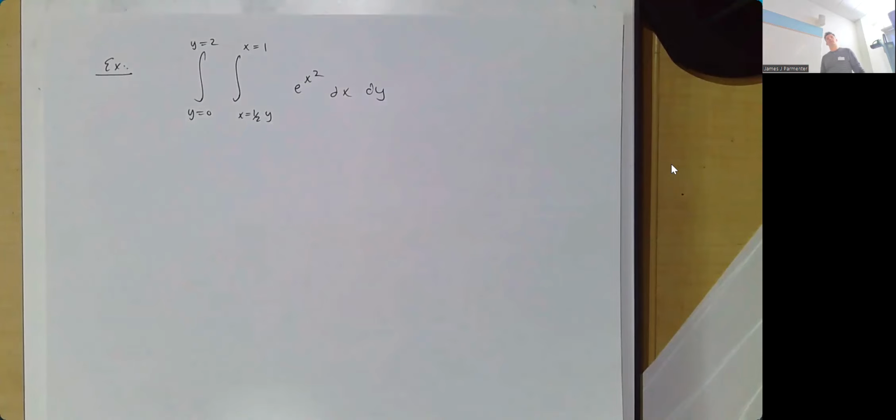Or I should say it more explicitly, e to the x squared does not have a nice antiderivative. There is no elementary function, made of exponentials or logarithms or sines or trigs or whatever, that is the antiderivative of e to the x squared. You can write the antiderivative as the integral of e to the x squared, which is not super helpful.